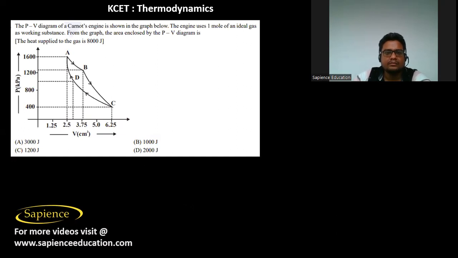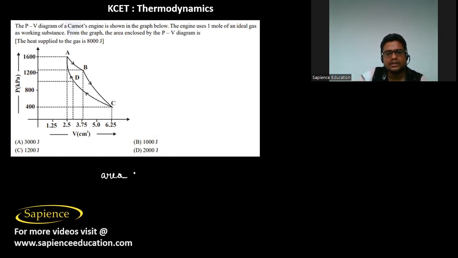Now here it is told that the PV diagram of a Carnot's engine is shown below. The engine uses 1 mole of an ideal gas as a working substance. From the graph, the area enclosed by the PV diagram is asked.